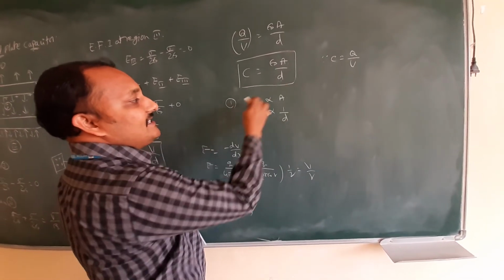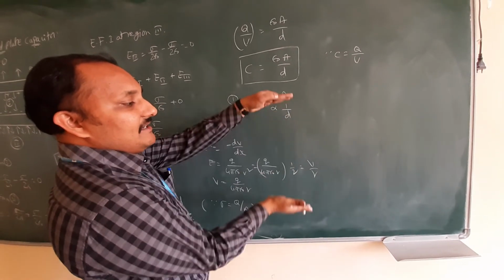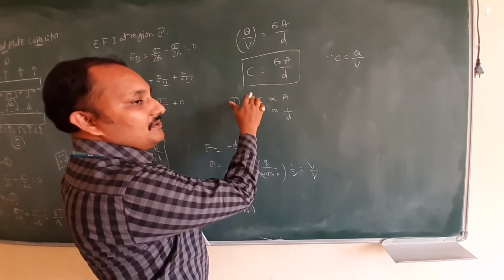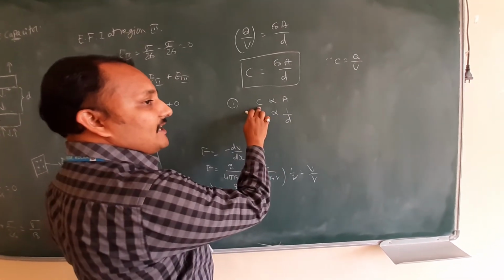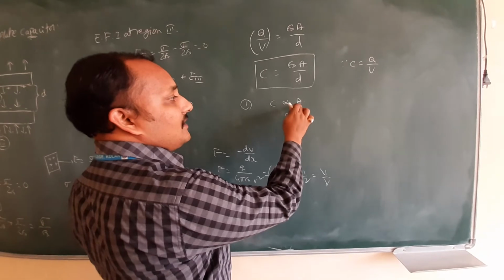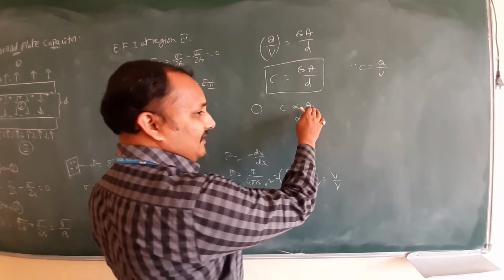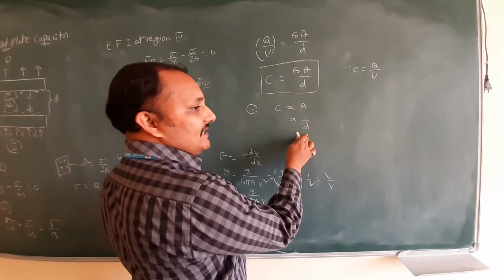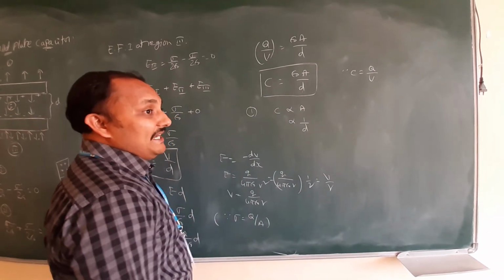If area increases, capacity increases. If the distance between the metal plates increases, capacity decreases, because it is inversely proportional. So the capacity of a parallel plate capacitor depends on the geometrical area and separation. Another factor is the medium.